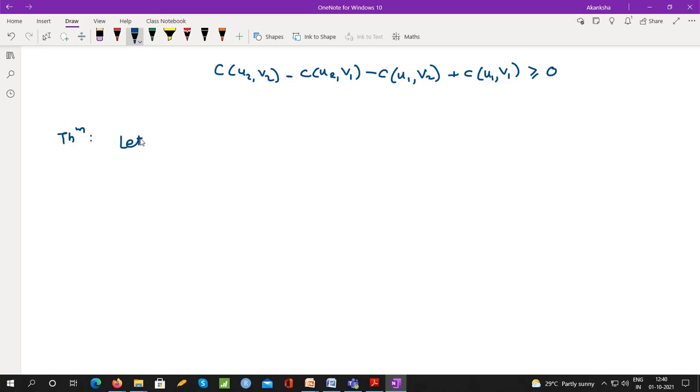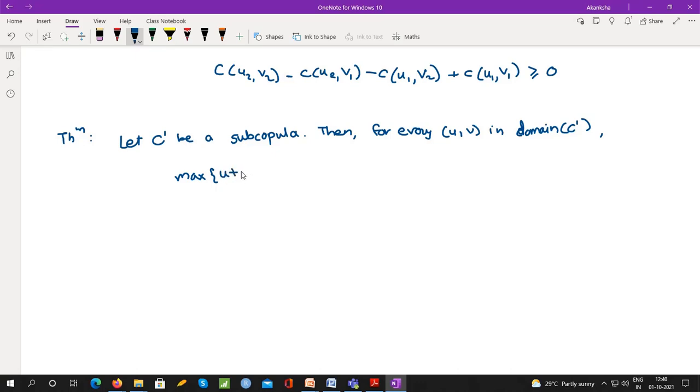Okay, so let C prime be a subcopula. Then for every u, v in the domain of C prime, we have this inequality: maximum of u plus v minus 1 comma 0 is less than or equal to C prime of u, v, which is less than or equal to minimum of u, v.